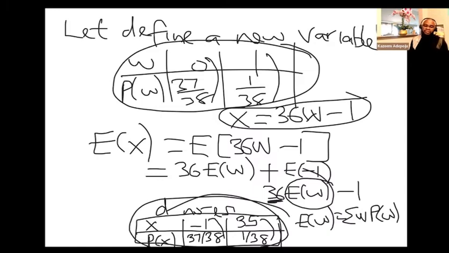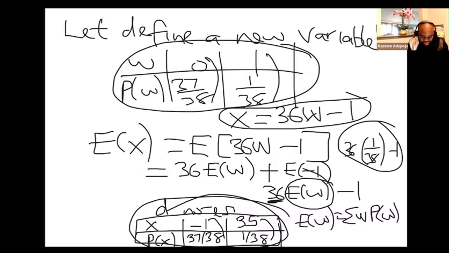This is one example of that. Now the expectation of W is going to be 1 over 38, then minus 1, and you get your result, which is negative 2 over 38.